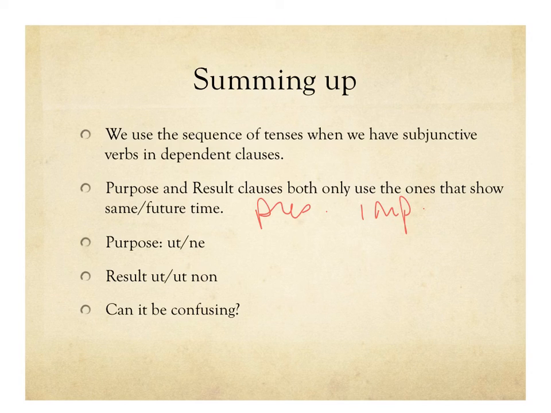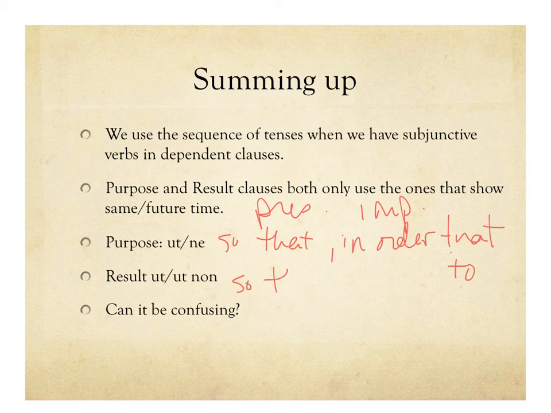The purpose clause uses ut or ne to show the intention of an action, and we can translate it with so that, or in order to, or in order that, or sometimes just to. Result clauses we usually translate so that, or with the result that.